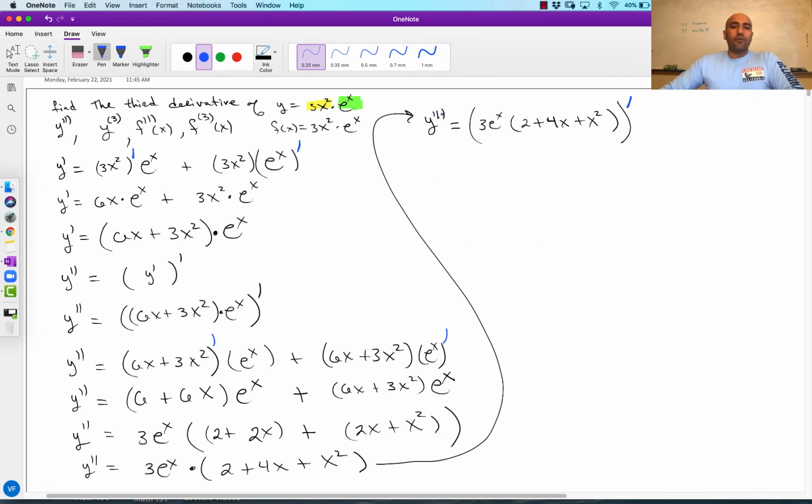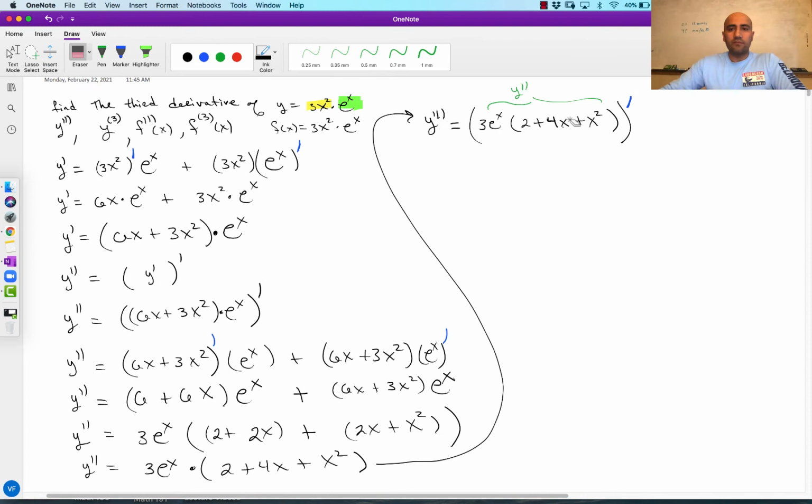Okay, so now the third derivative. The third derivative is equal to the derivative of the second derivative. I just copied this down because all of this is the second derivative. We want to take the next derivative.